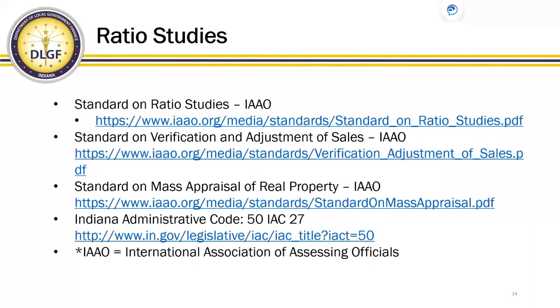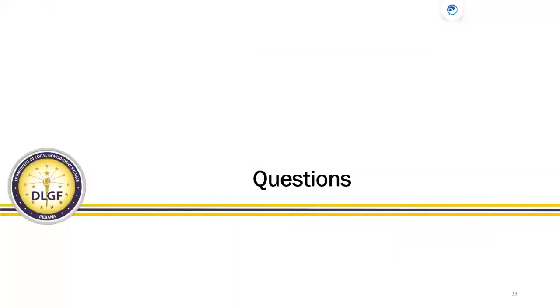There's also a standard on verifying and adjusting sales, a standard on the mass appraisal of real property, and finally, our administrative code provides information in terms of the ratio study. So if you ever have any questions about what we look at and what's required, those are good resources that you can reference. So with that, Jenny, have we received any questions?